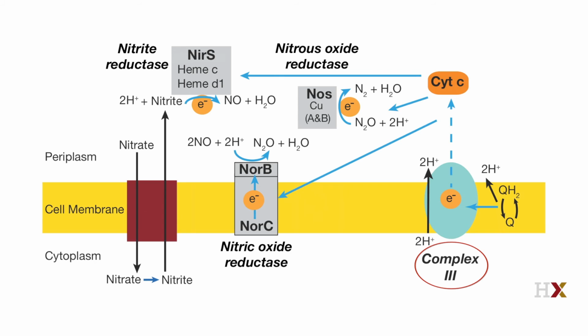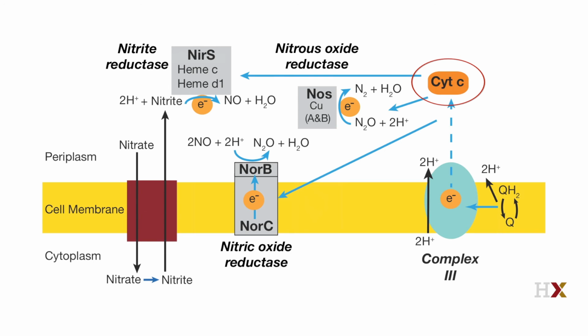The electrons in complex 3 will be transported toward the periplasmic side of complex 3. On that side, in the periplasm, a molecule called cytochrome C can interact with complex 3 and be reduced by the electrons that come from complex 3.